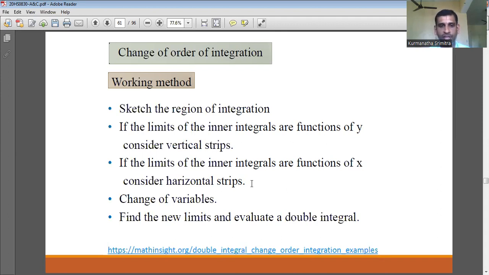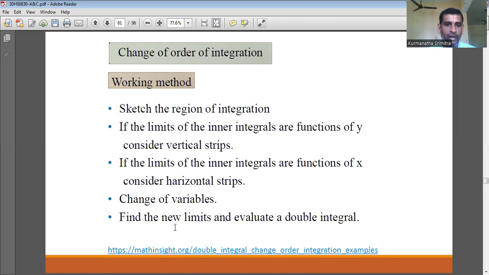We must denote the vertical steps and the horizontal steps for the limits of y and the limits of x. To calculate the limits for x, we consider the horizontal steps, and to calculate the limits for y, we consider the vertical steps. By changing the variables, that is, first with respect to x and second with respect to y, first calculate the limits for x and y in terms of real numbers.